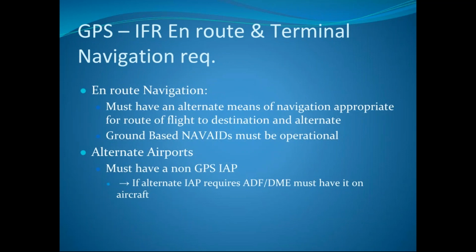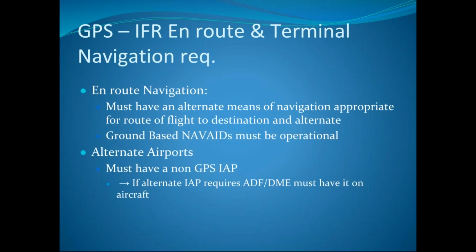GPS is still new enough that the FAA is not quite ready to let go and just let GPS take its course. They still want us to use, or to at least have, a ground-based approach available.